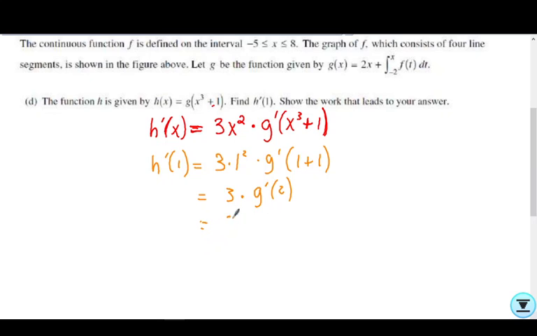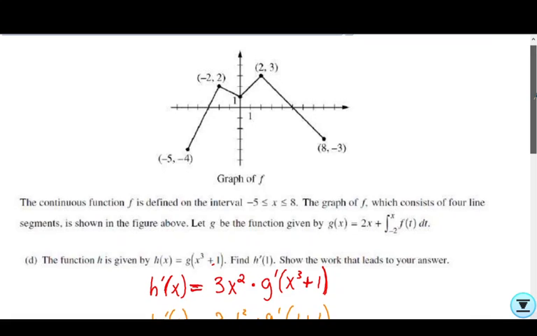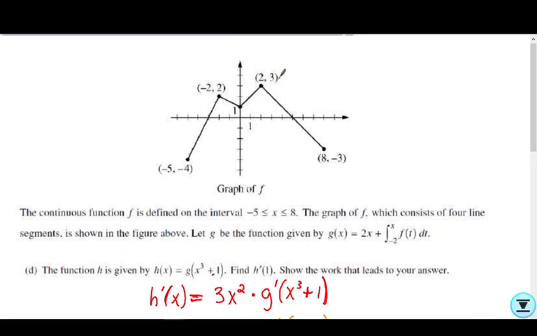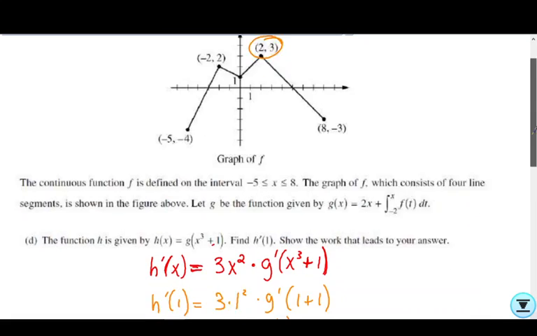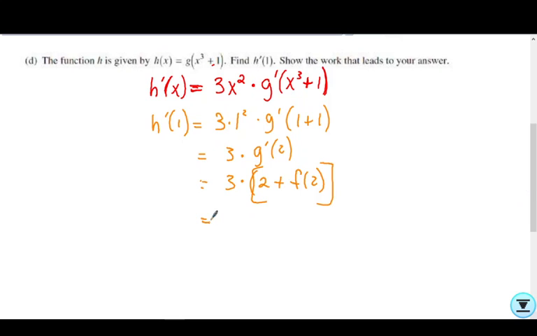So this is going to be 3 times 2 plus f at 2, because g prime is 2 plus f of x. So we plug in 2 to our f of x, we come up here. f at 2 is 3, we use that coordinate right there. So h prime at 1 is 3 times 2 plus 3, which equals 15.